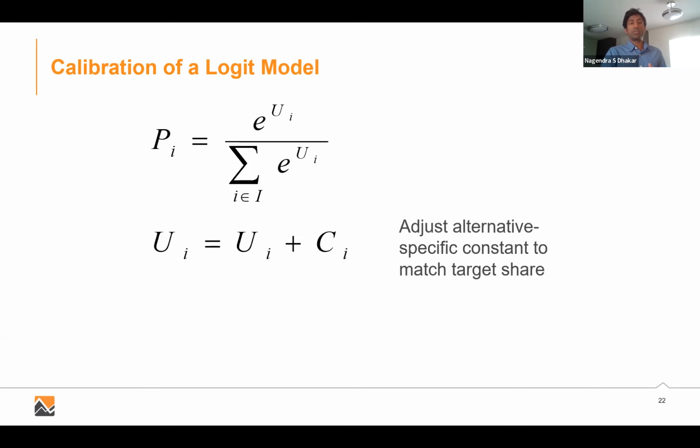And here, the utility takes the form of having a deterministic component and an unknown or non-deterministic component, basically. The first term in this equation is the deterministic, where you have your coefficients interacted with different variables, and that's what we estimated in the estimation process.